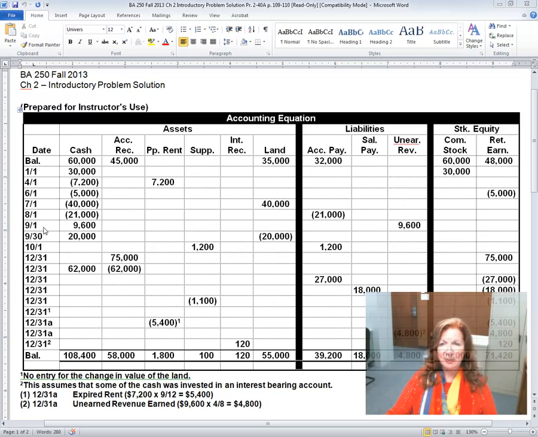September 1, so I put in 9/1, received $9,600 in cash in advance as a retainer for services to be performed monthly during the next 8 months. So I'm going to put $9,600 in cash because I received it in cash, and I'm going to put $9,600 in unearned revenues because I haven't done the work for this yet, but they paid me as a retainer for work that's going to be done over the next 8 months.